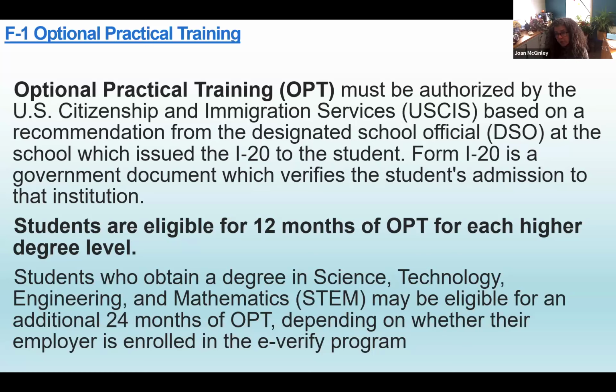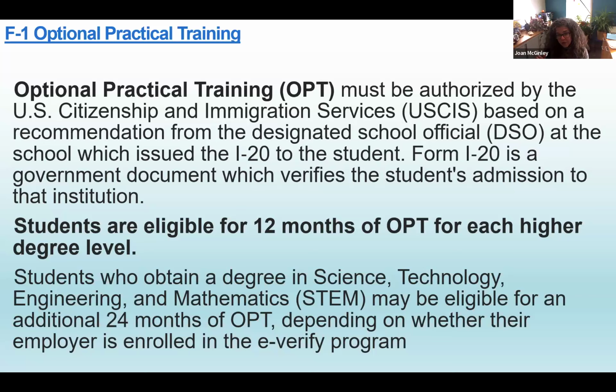It's related to your major, but it's not required in any capacity. In that case, they would have to decide, do I want to dip into my practical training because it's still directly related to my field of study and it is an opportunity. If they use any optional practical training, it's deducted from that 12-month nest egg. So most students don't want to use it unless it's a really, really good opportunity.